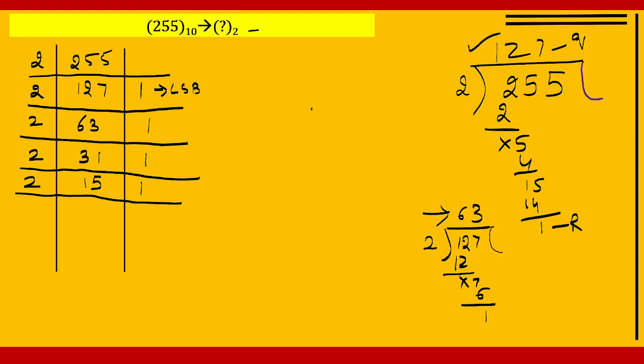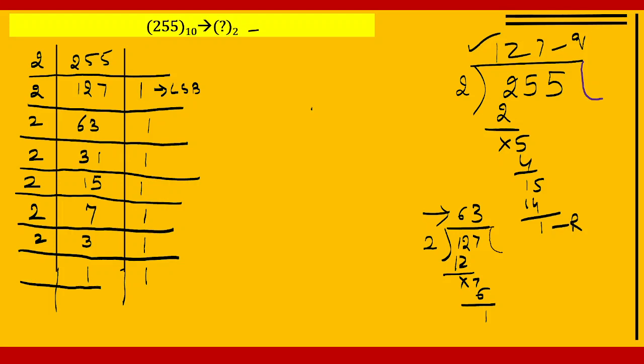Now 15 is our new dividend divided by 2. 7 is the quotient, 1 is the remainder. 7 divided by 2, 1 is the remainder. 3 divided by 2, 1 is the remainder. We'll continue till we get 0 in the middle section. So 1 divided by 2, and this is your final remainder, and this is your most significant bit.